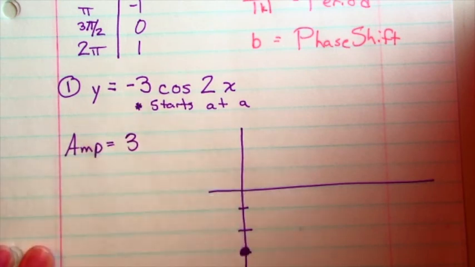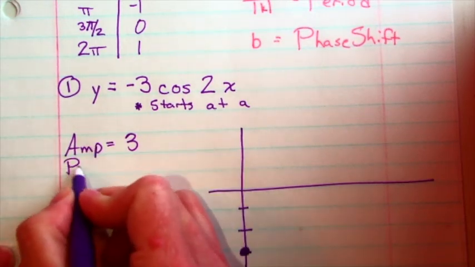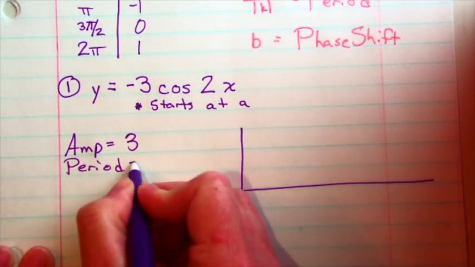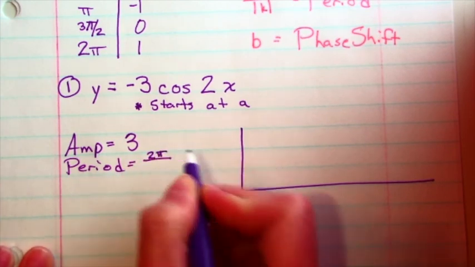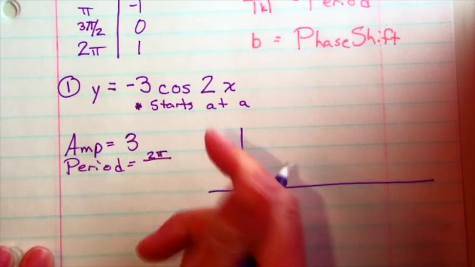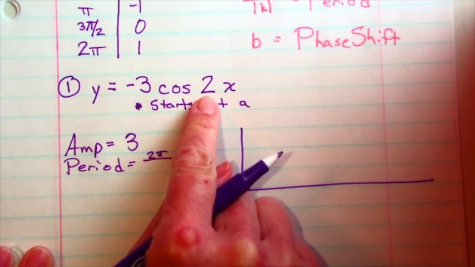So that's why we take the absolute value. We just want to find that distance. And when we're talking about a distance, it has to be positive. For this one, the period, remember, it's 2 pi over the absolute value of k, just like on the sine function. So the absolute value of 2 is 2.